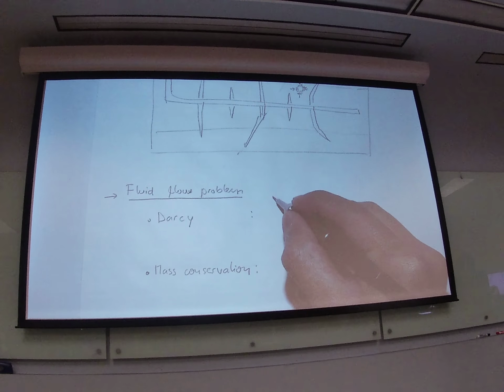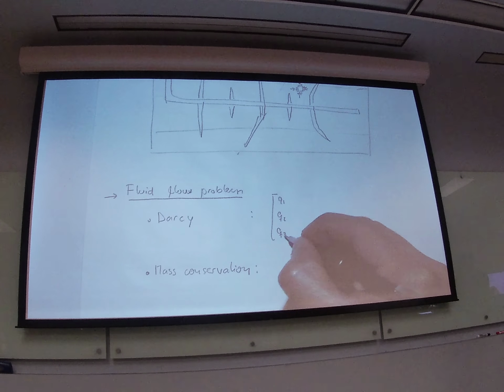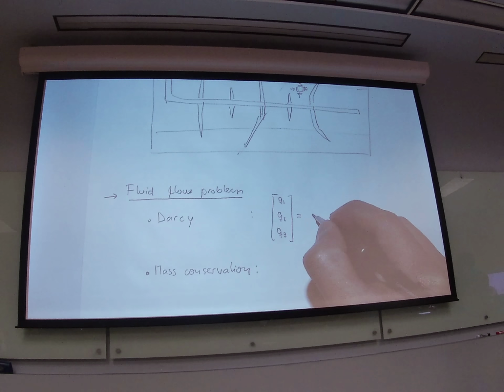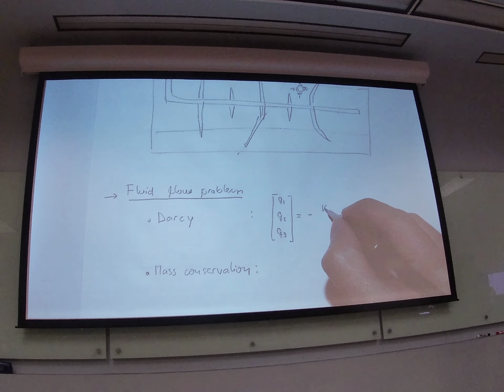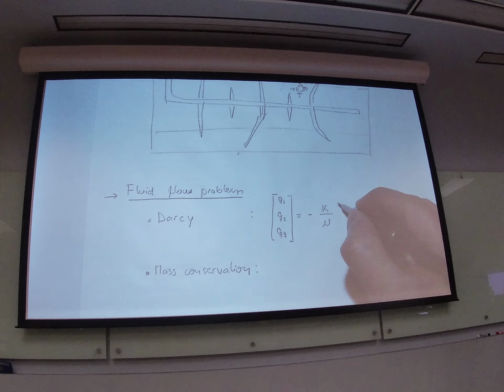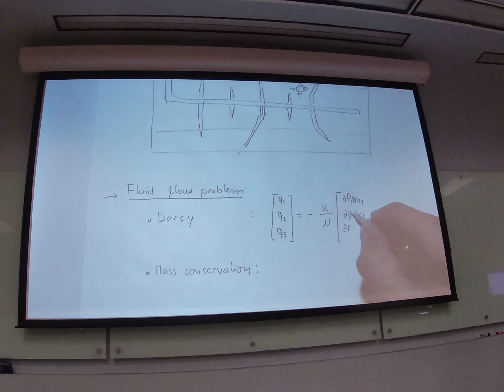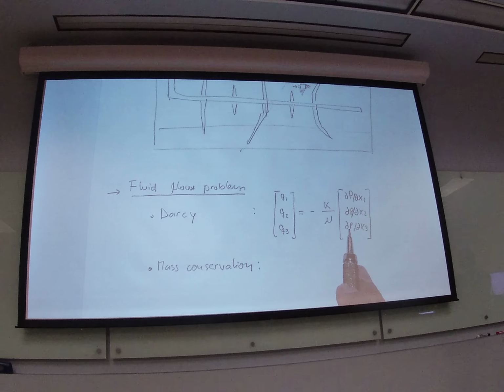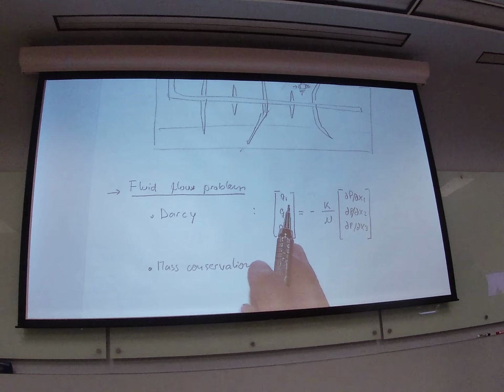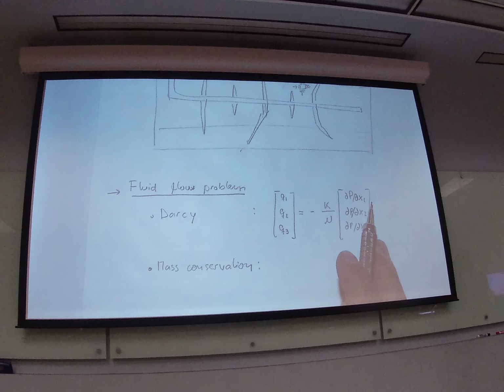And the Darcy equation in 3 dimensions, we can write it as Q1, Q2, and Q3, which is equal to permeability divided by viscosity times the gradient of pressure in direction 1, gradient of pressure in direction 2, and gradient of pressure in direction 3. These are partials, it's a derivative.